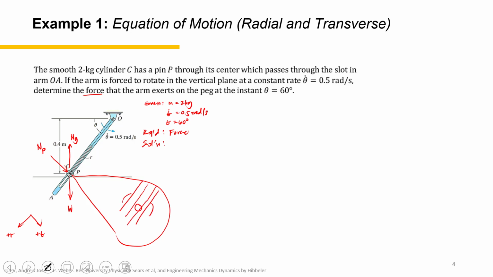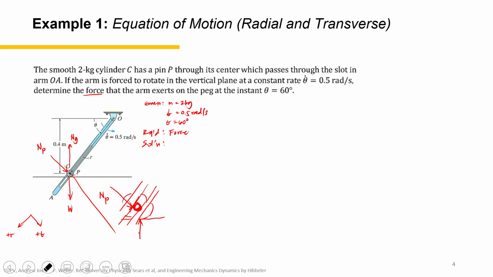This is the outer part of the cylinder. This is the ground. So the ground exerts a normal force on the cylinder C, and since there is contact also between the arm OA and this part of the cylinder, there must also be a normal force, exerted by the arm on the point P. That's the reason there is that force N_P.